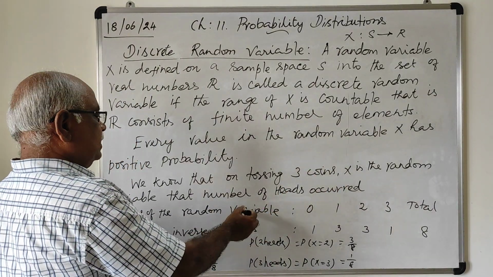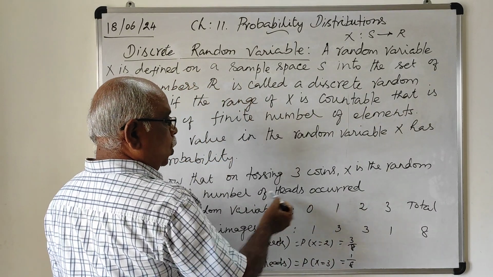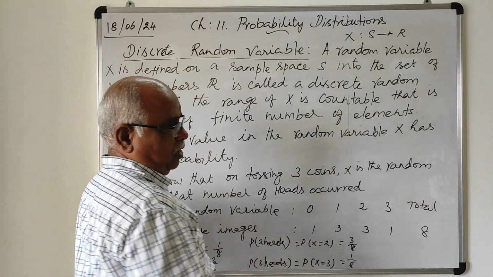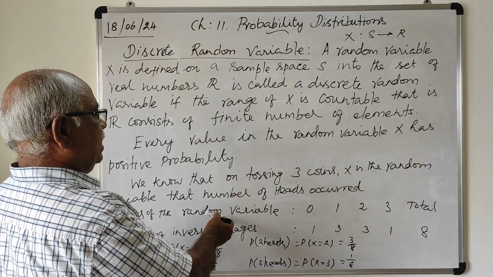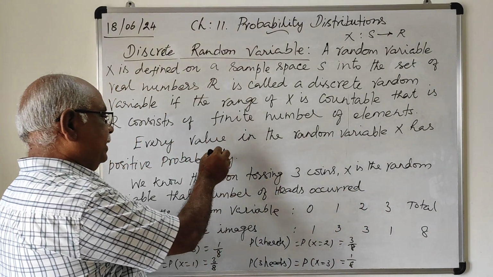So the random variable X has real values 0, 1, 2, 3. That means no head, 1 head, 2 heads, 3 heads. Those are the values of the random variable. So each value of the random variable has positive probability.